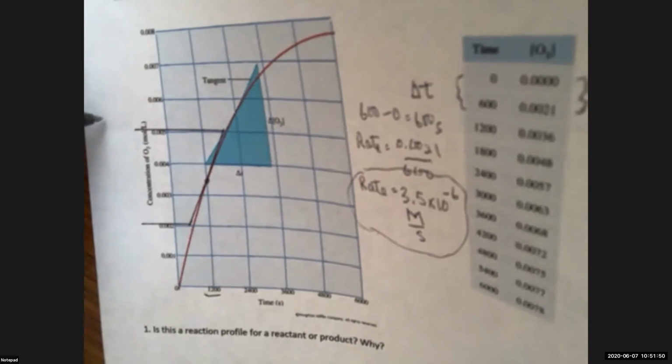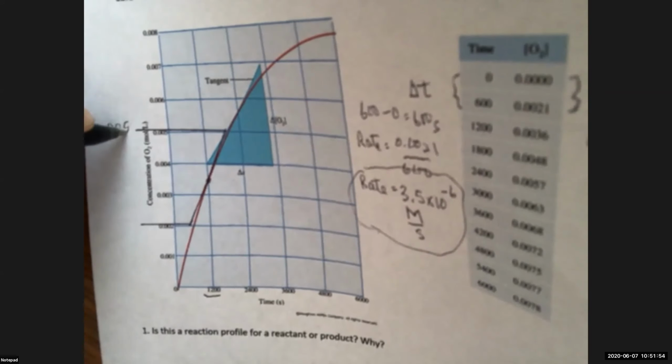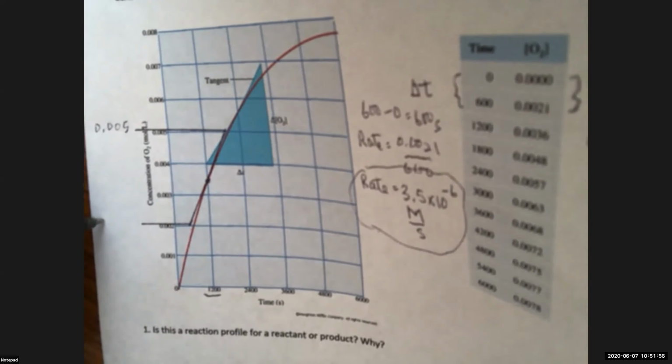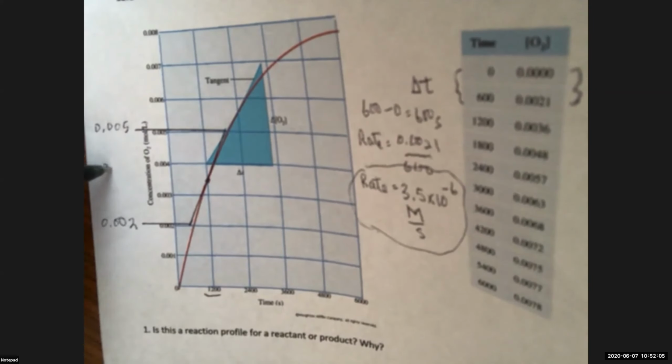The final concentration is 0.005 molarity. The initial is 0.002 molarity. So my delta O2 is 0.005 minus 0.002. I can do that one in my head. That's 0.003 molarity.